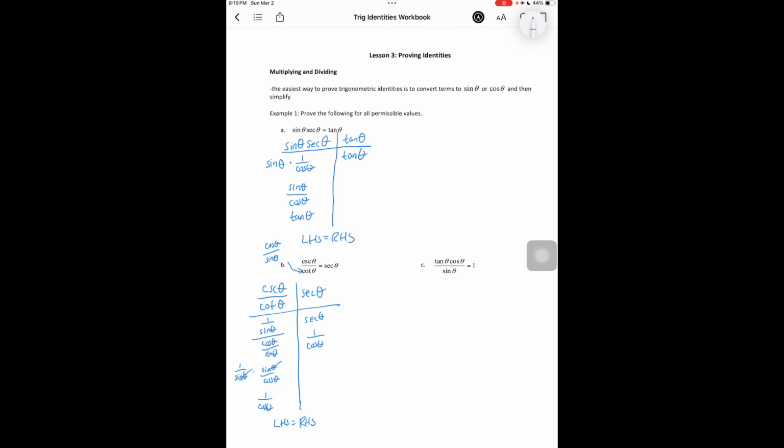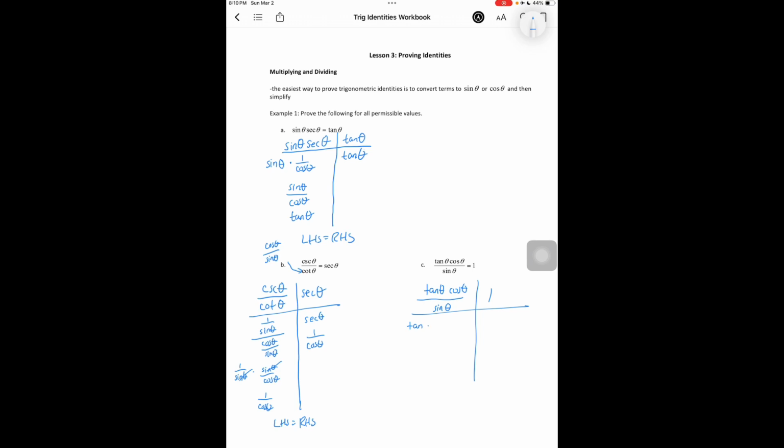So for letter C now, what you could do here is, honestly, a lot of students see the 1 and they like to manipulate the 1, but I think it's just easier if you leave it as it is and just try to change the left side first. So the regular setup, tan theta times cos theta over sine theta, and then your little t-chart, 1 on the right side.